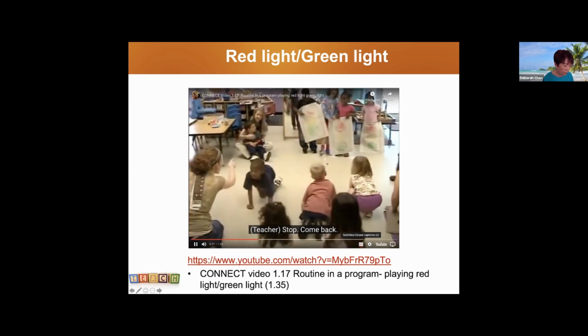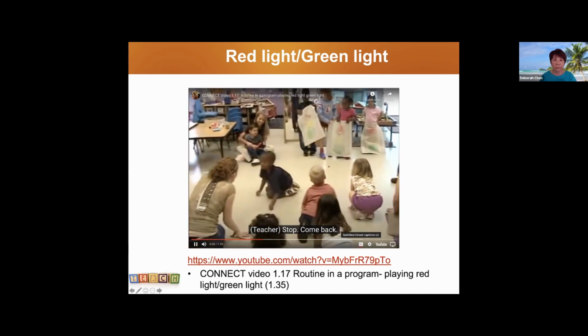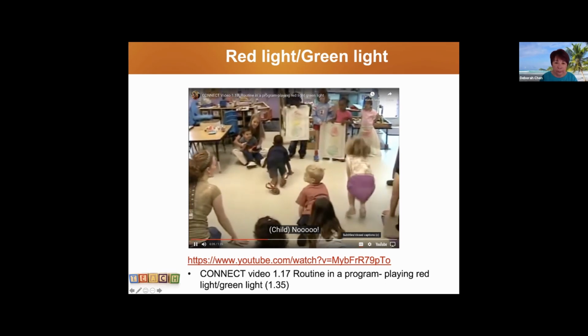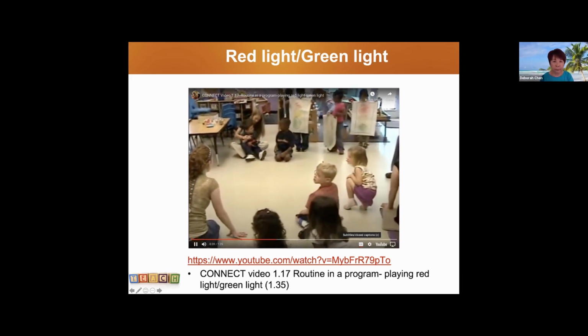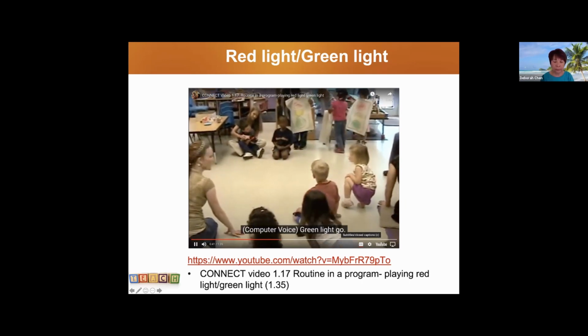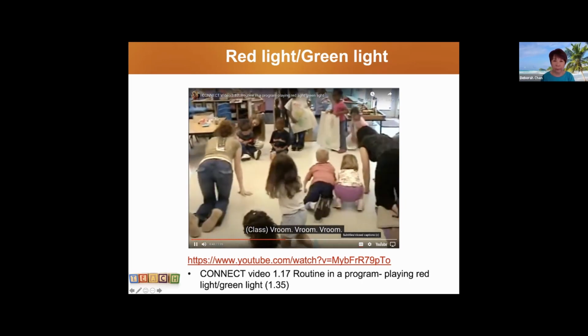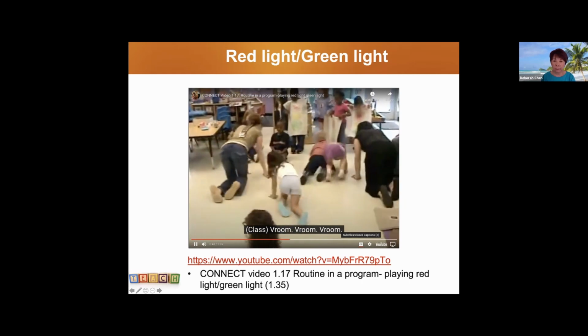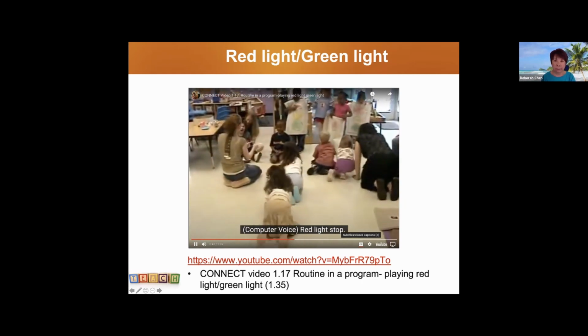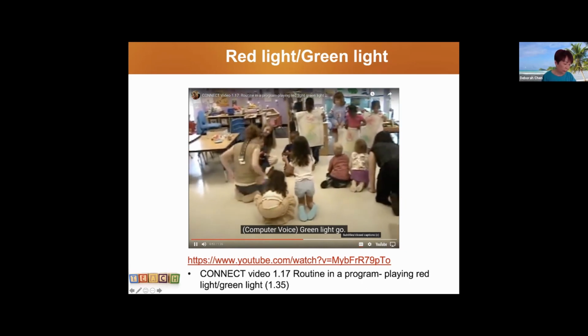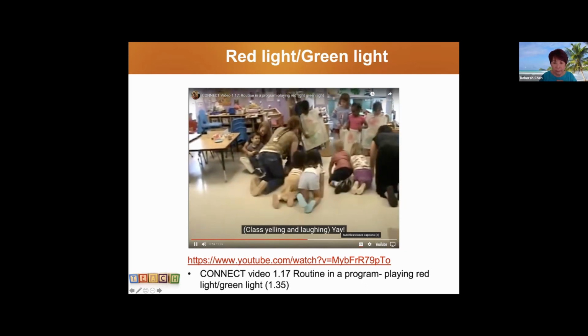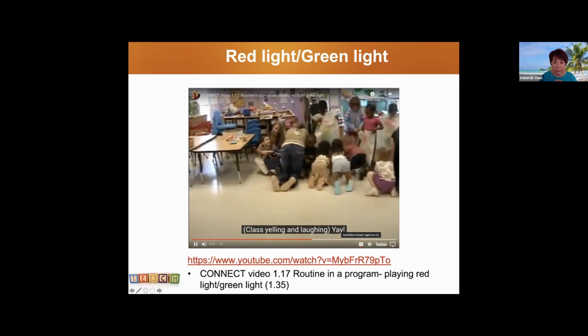Come back in position. Yellow light. Green light, go. Red light, stop. Ready? Push it. Green light, go. Red light, stop.